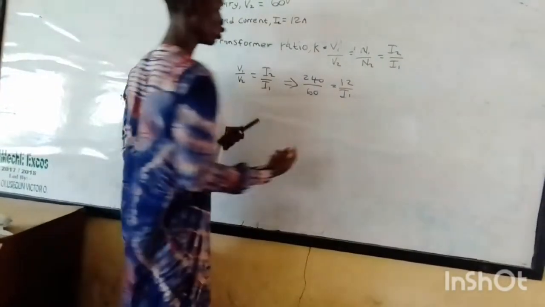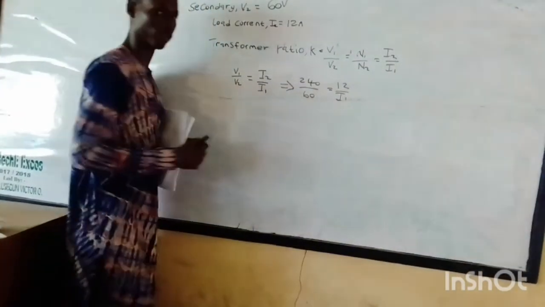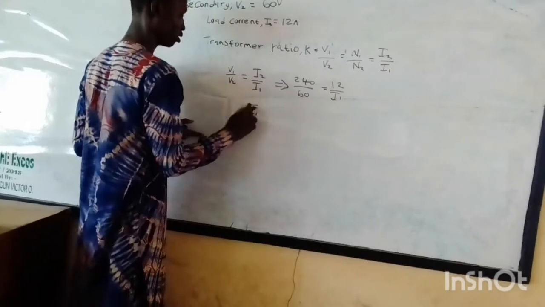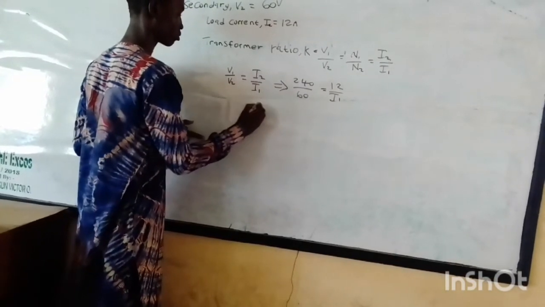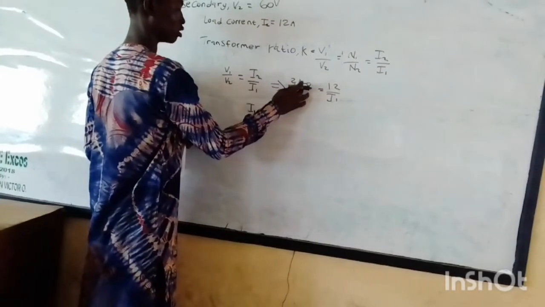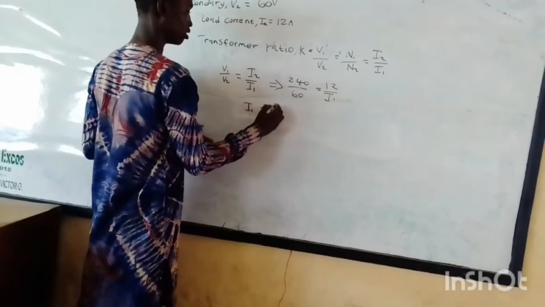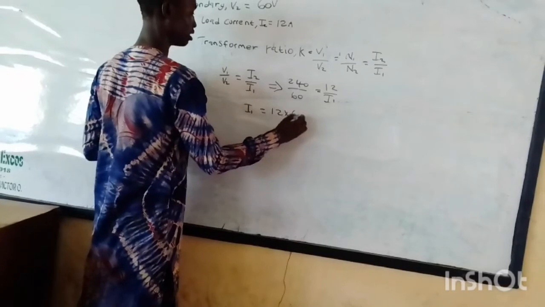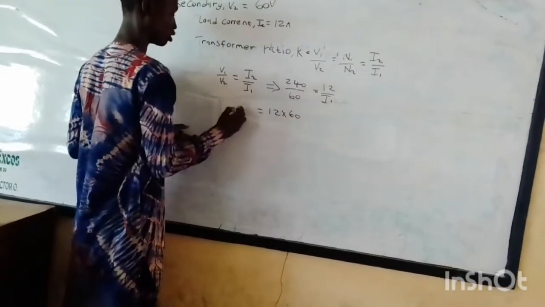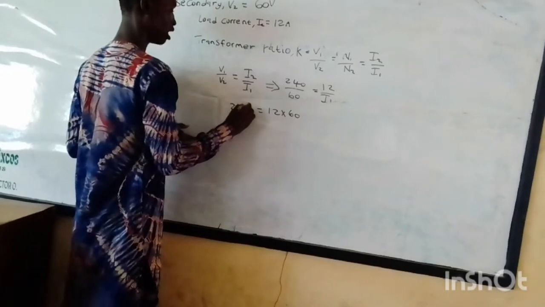So now, what am I going to do? I'll make I1 the subject of the formula. I have I1 times 240 equals 12 times 60. That is 240 I1.